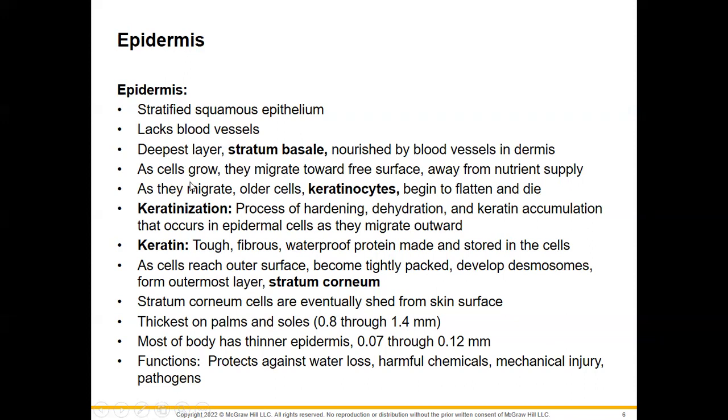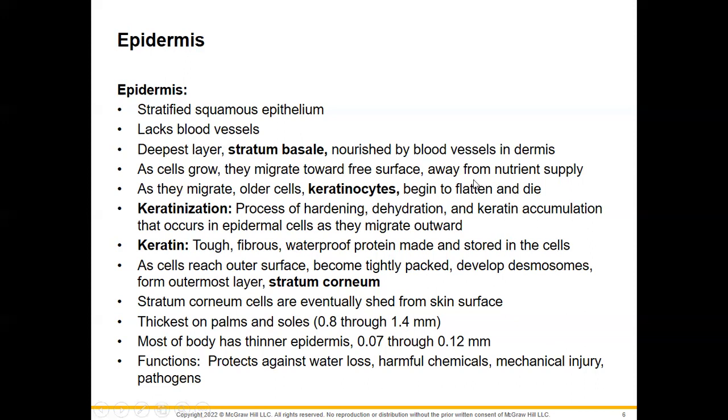And then as they migrate toward the surface and get older, they start to have more keratin associated with each cell. So those cells become keratinocytes, meaning cells that have keratin. As they move closer and closer to the surface and they get more and more keratin, they start to flatten out and die.